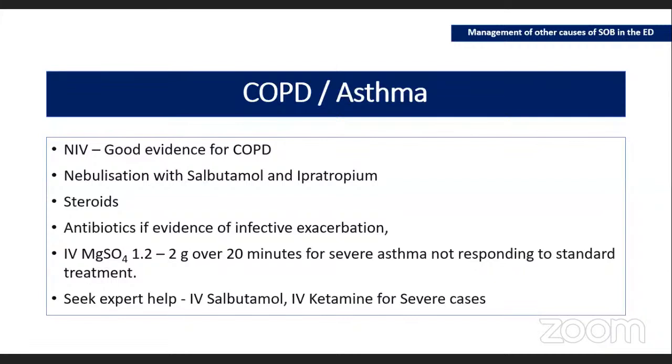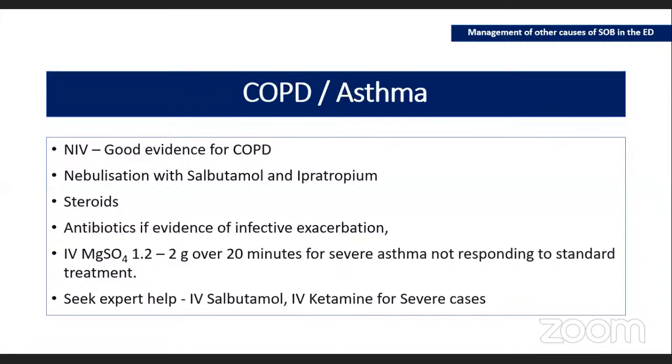And you can start non-invasive ventilation for a patient who has COPD. There's a bit of a controversial point about starting non-invasive ventilation in a patient with asthma, but definitely there is a mortality benefit for a patient with COPD exacerbation.